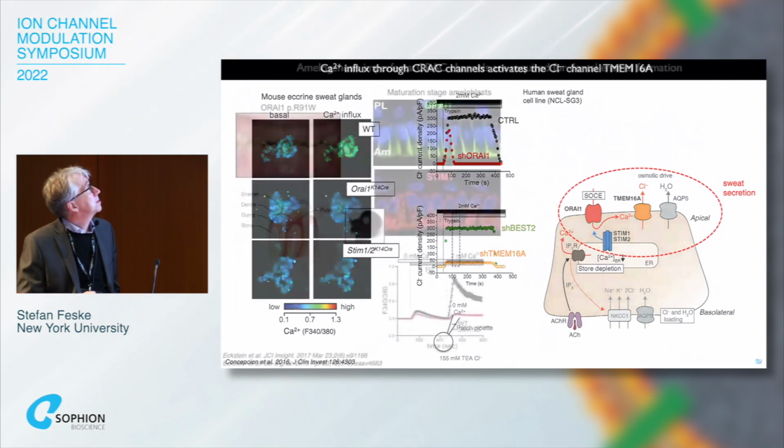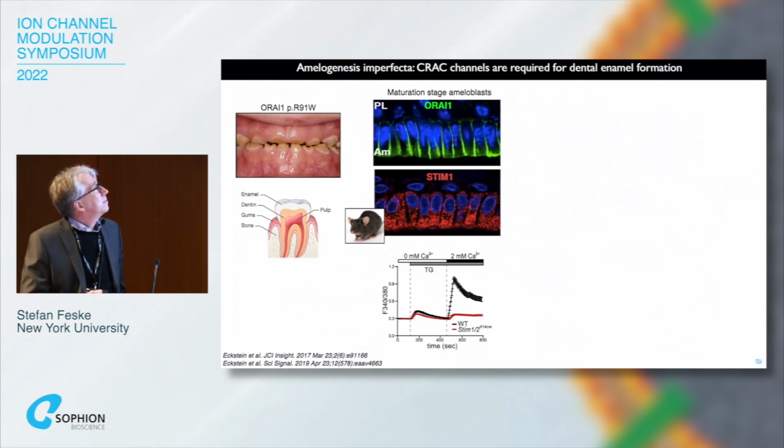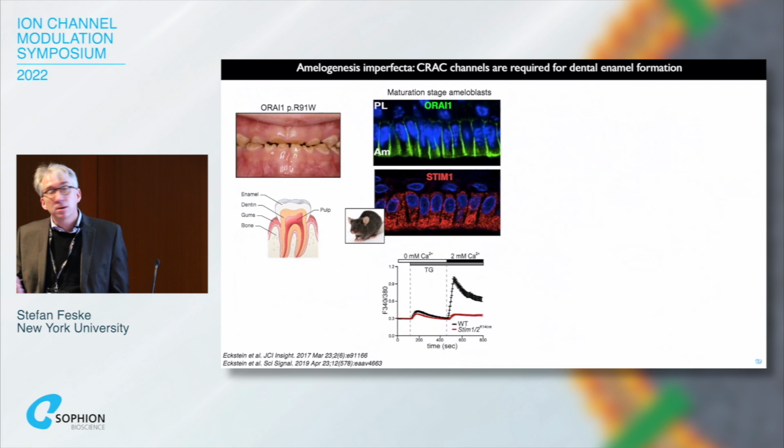Another phenotype that these patients have is what's called amelogenesis imperfecta. They have very poor dental enamel, which is the hard outer layer of the teeth, as you probably know. And when we had observed many patients, we collaborated with a colleague of mine, Rodrigo Lacruz, at the NYU College of Dentistry, and he found that in ameloblasts, which are the dental enamel forming cells, Orai-STIM are actually expressed.